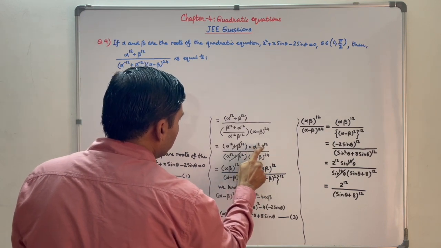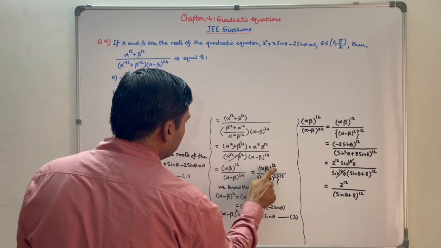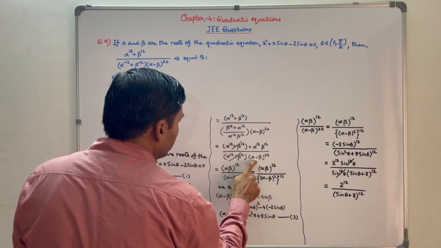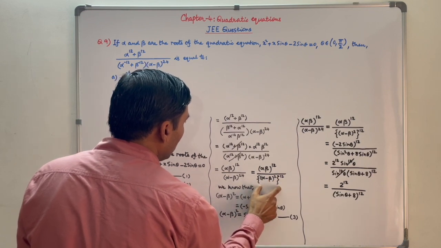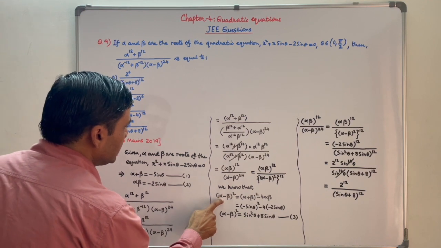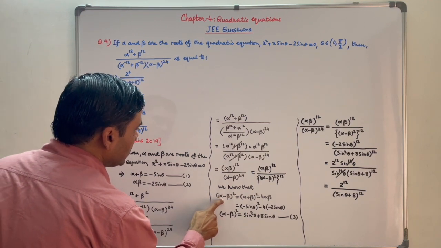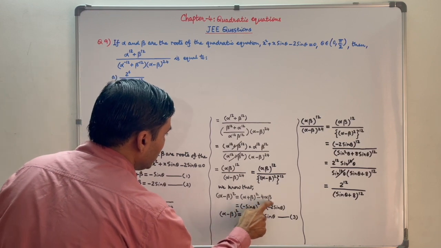Alpha to power 12 into beta to power 12 can be written as alpha beta whole to power 12. And alpha minus beta to power 24 can be written as alpha minus beta whole square whole to power 12. Now we will use this identity. Alpha minus beta whole square is equal to alpha plus beta whole square minus 4 alpha beta.